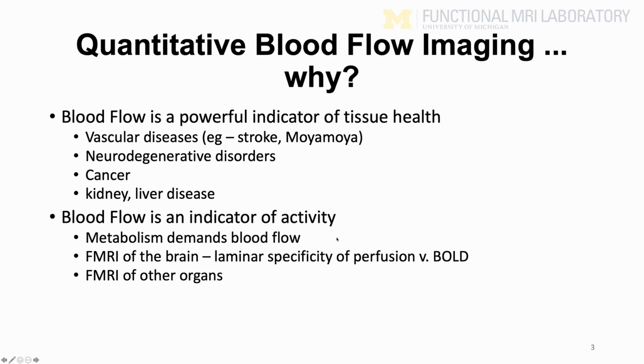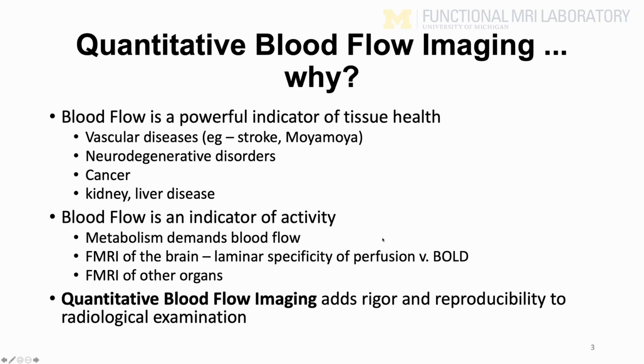So that's also a very exciting motivator. And needless to say, you can also look at the activity of other organs when you do challenges and so on. So there's a whole wide range of applications to these techniques that are just scratching the surface right now.